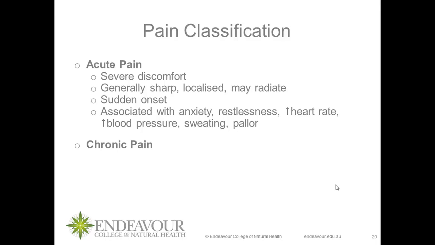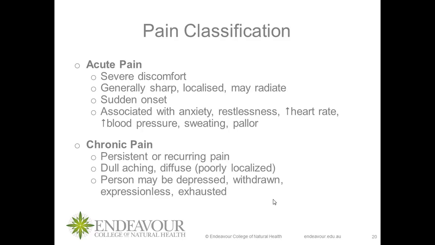Acute pain often has a sudden onset, so you want to ask key questions that will unlock information about the frequency, duration, and onset of a person's pain. Acute pain would be associated with anxiety, restlessness, increased heart rate, and increased blood pressure, so other signs that you might measure about your client, or looking for sweating and pallor, signs that might indicate that the person is experiencing the symptom of acute pain.